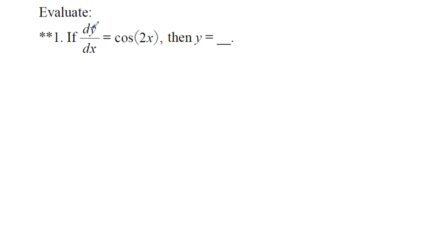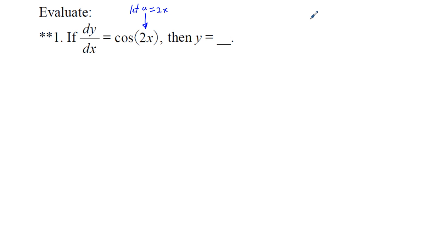So if we have dy dx equals cosine of quantity 2x, then y equals question mark. And here we have a situation where we don't have a single variable like x. It's the cosine of 2x. And so in use substitution, what we're going to do is say let u equal 2x.